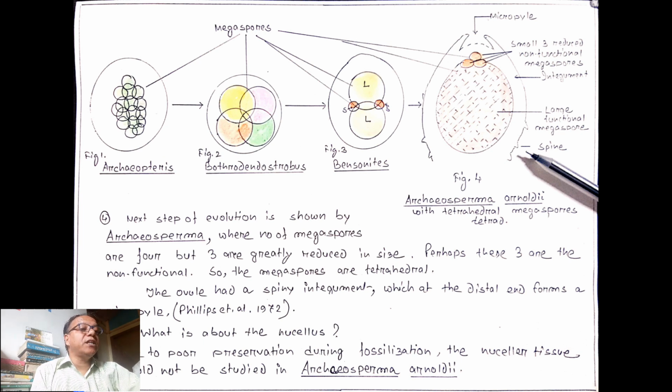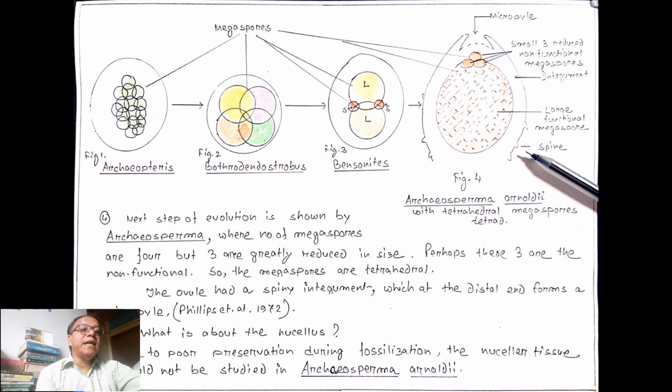And interestingly, in the third figure, that is in Bensonites, 2 are larger and 2 are smaller. Now look at figure number 4. Here the number of megaspores is 4, but the sizes are different. Okay, the top 3 are smaller and a large megaspore is observed in the central position, occupying the whole embryo sac.